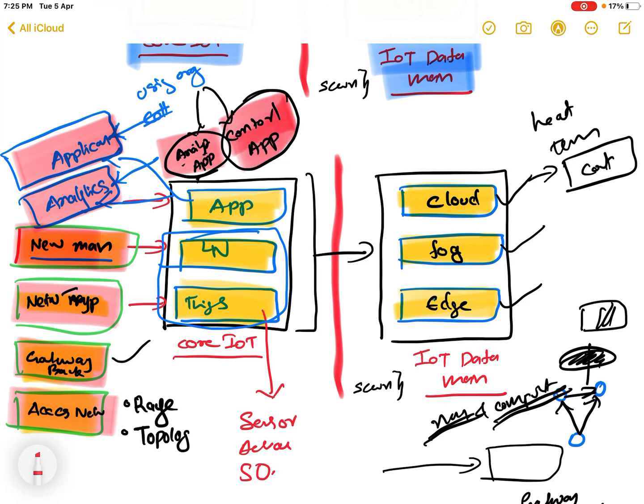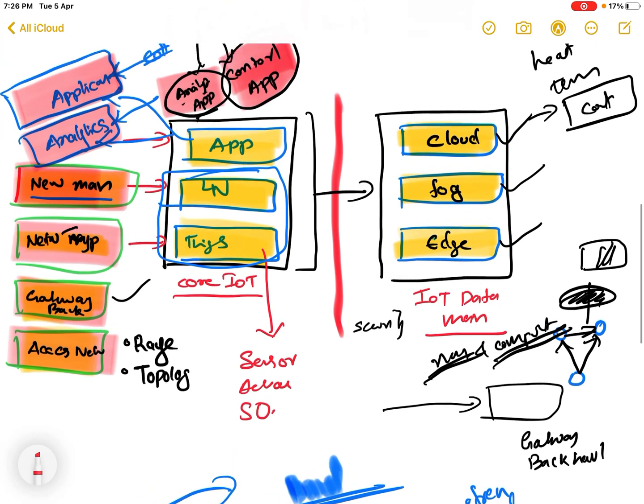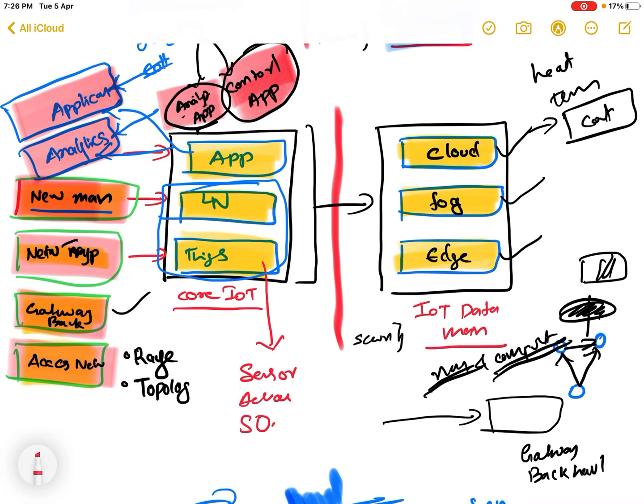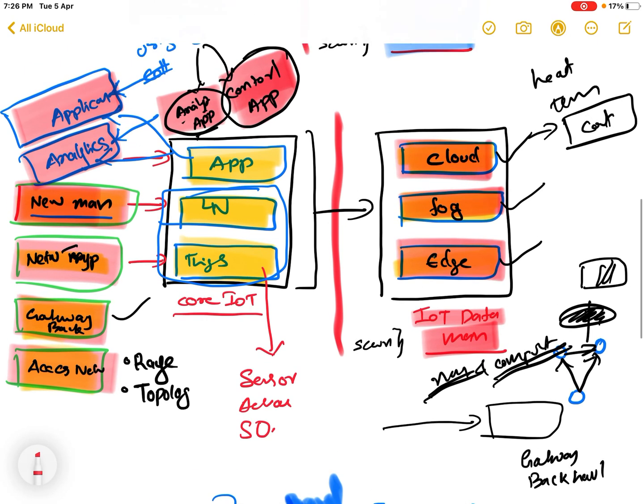In the application sublayer, you have analytical applications and control applications. Under the analytics layer, you are doing network analytics and data analytics. And then you have the IoT data management sublayer. In this, you can have edge computation, fog computation, and cloud computing.